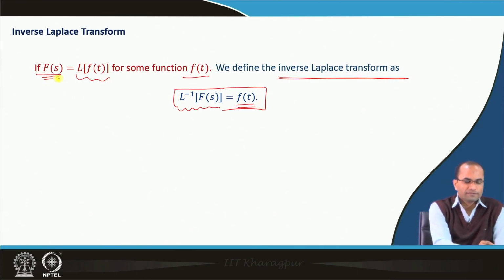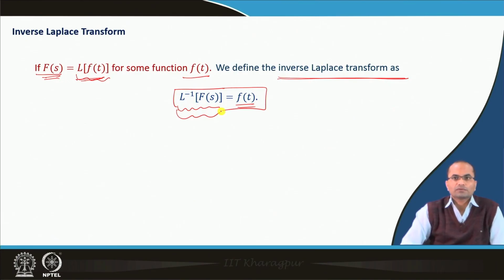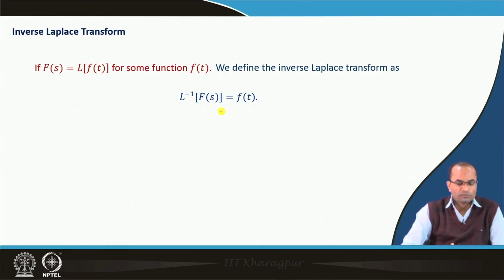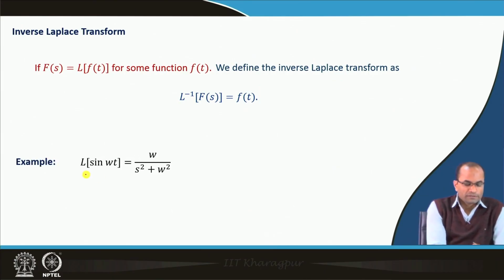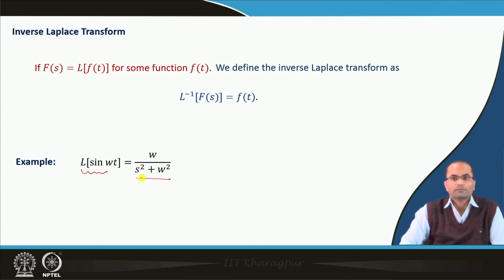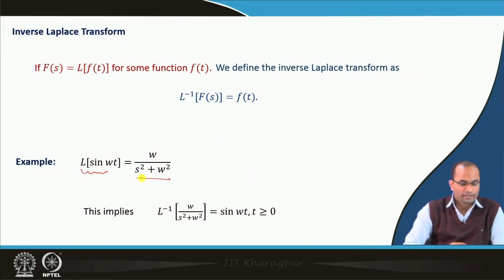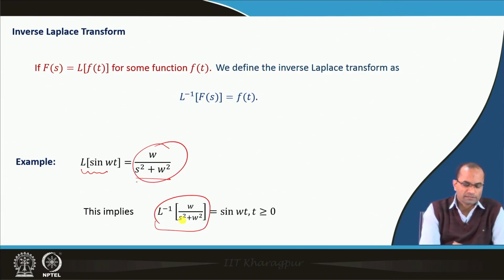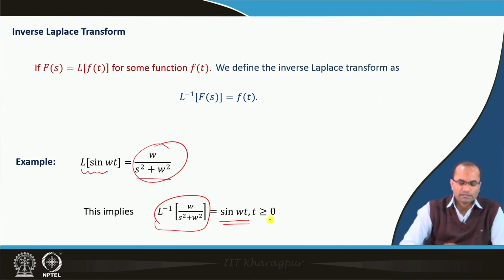If we know that F(s) is the Laplace transform of f(t), then the Laplace inverse of F(s) will be f(t). So, that is the simple inversion. For instance, if we know that the Laplace transform of sin wt is w over s square plus w square, then we can say that the L inverse of w over s square plus w square is equal to sin wt for t positive.